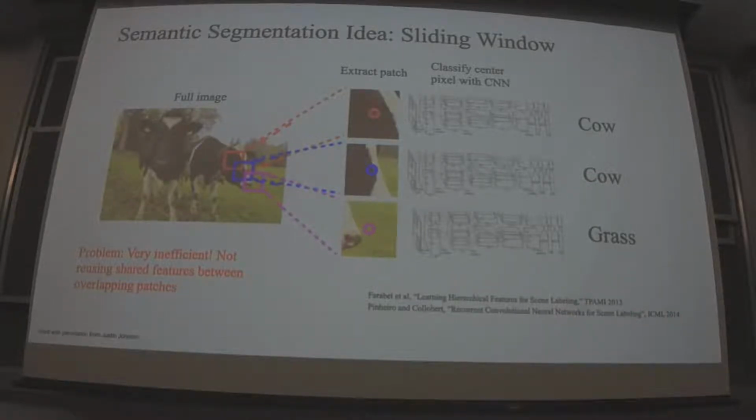And also there's a lot of correlated data here, right? You take one patch and then you move one pixel to the right or up or down. More often than not, that's going to be the same class. Sometimes it's going to change, obviously, when you cross boundaries. But this is super inefficient, so we can do better.